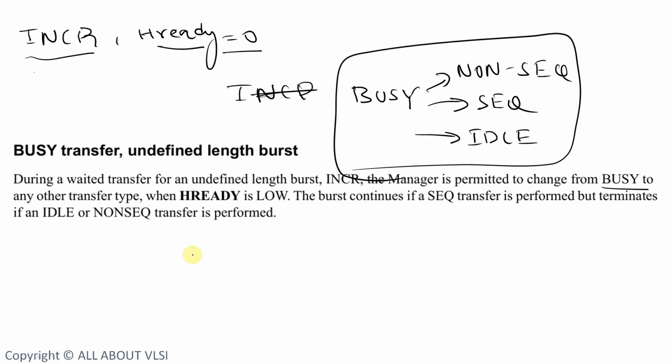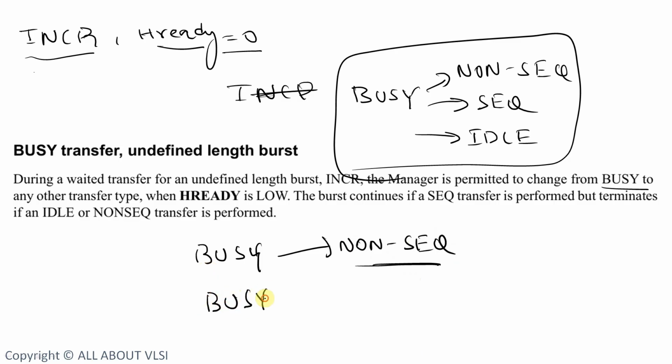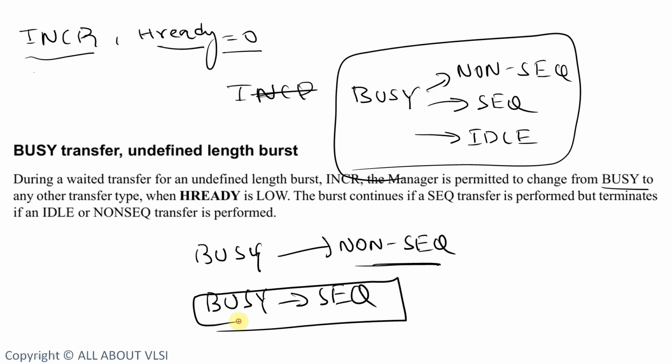Let's say the master is changing the transfer type from busy to non-sequential. What does it mean? The present transfer has completed. If the master is changing it to non-sequential, that means it is starting a very new transfer. The present transfer has completed, and it is starting a new transfer. And if the master is changing busy to sequential, it is continuing the same transfer. The same transfer has not yet completed.